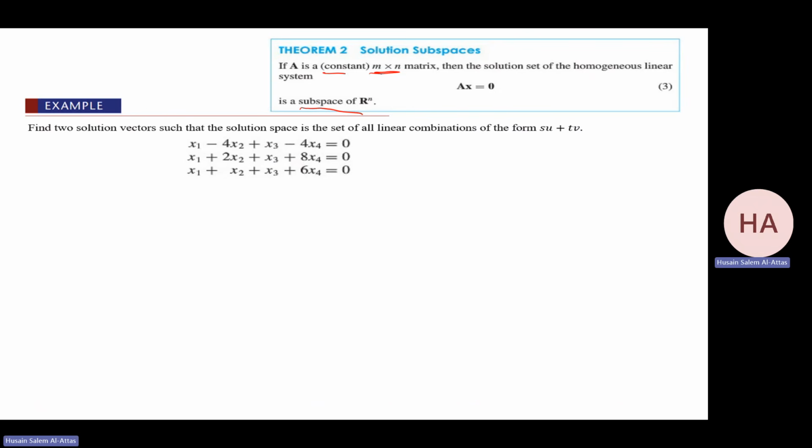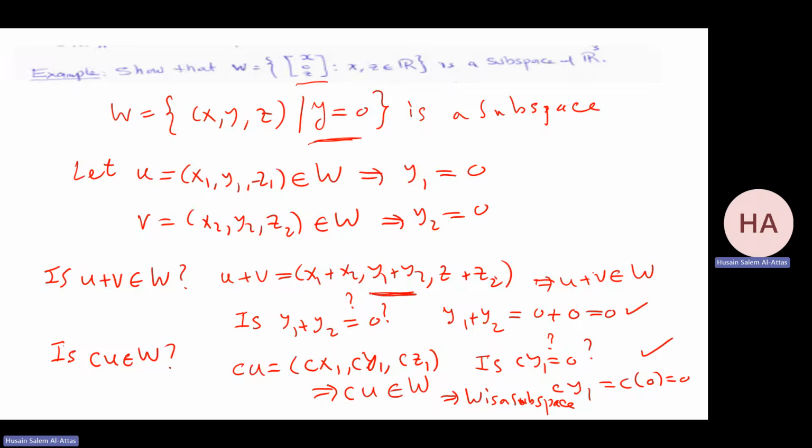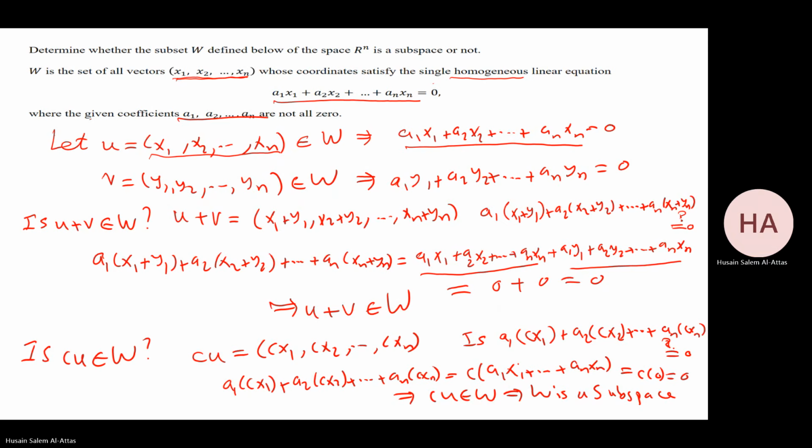If you have an m by n matrix, where n represents the number of variables, then for a homogeneous system, consider this one: I have only one equation with n variables.